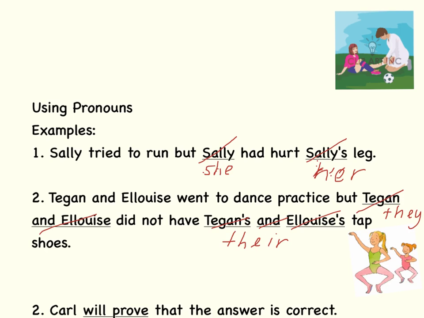And again, the sentence makes much more sense. Let's have a look at it again. Number two, Tegan and Eloise went to dance practice, but they did not have their tap shoes. Okay, it's going to be your turn on the next slide, so let's see how you go.